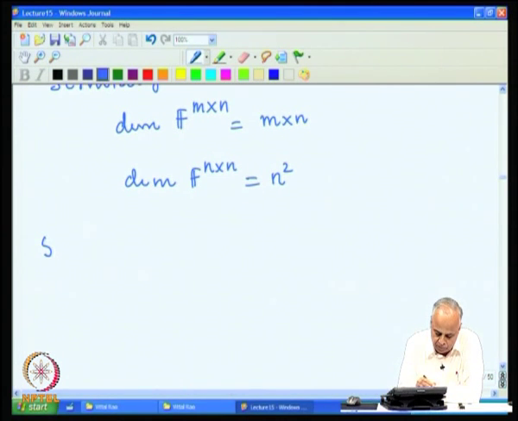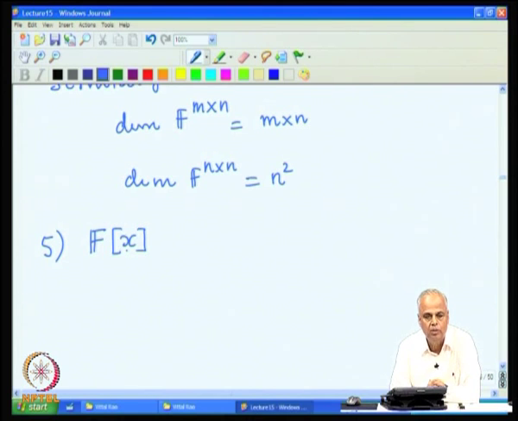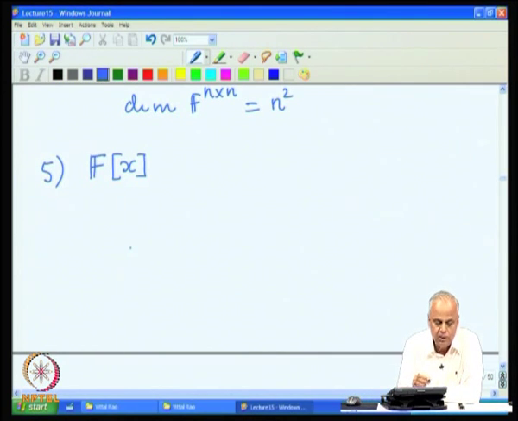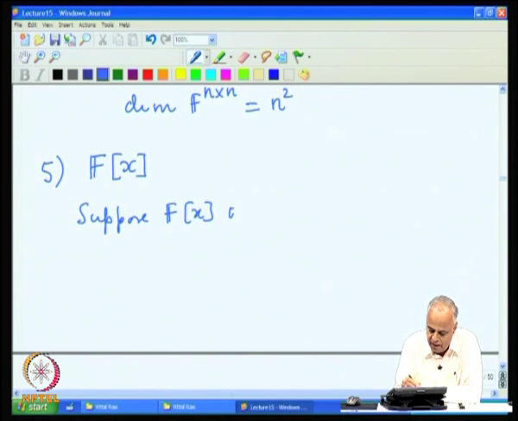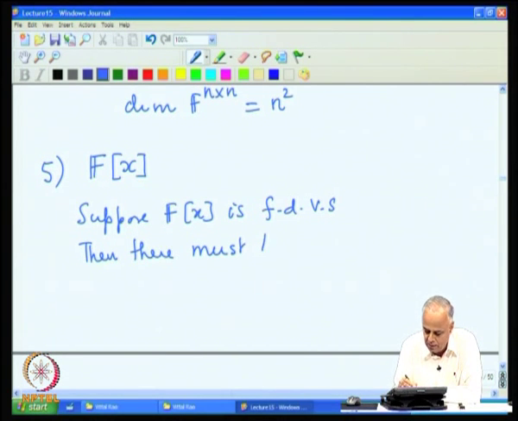Now, we look at the vector space of all polynomials over F. Now, this space is not finite dimensional, because suppose F[x] is a finite dimensional vector space, then there must be a finite basis.